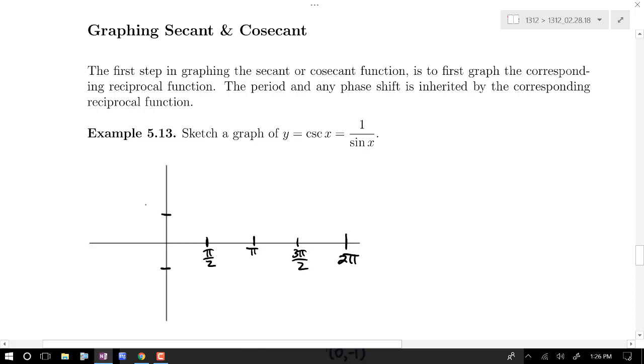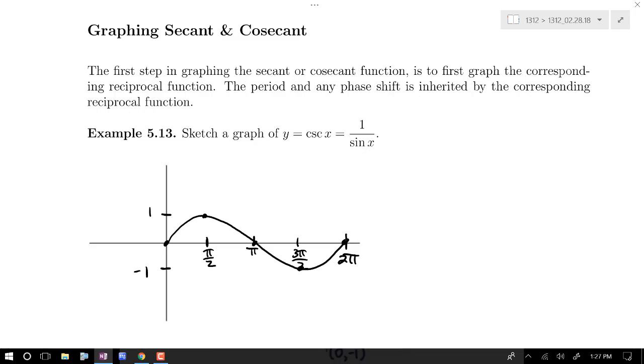I'm leaving a little bit of space on either end, so I'm trying not to use up all my vertical space on sine. And sine starts at 0 and goes up from there. At pi over 2 we're at 1, then back down to 0, then down to negative 1, and then at 0 when we get to 2 pi. So there's a nice, smooth sine curve.